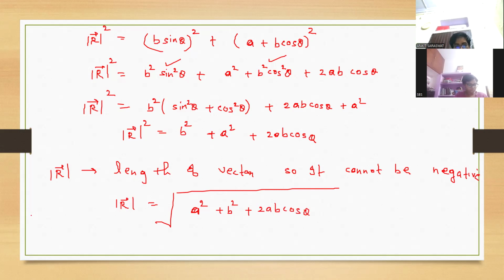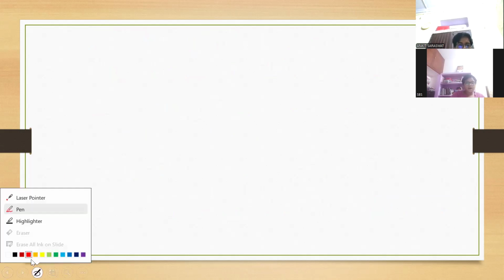And I will help you with what AB cos theta is. Actually A dot B is AB cos theta, I will explain later. So you can write one more way, under root A square plus B square plus 2 A dot B. Is it okay? So you got the mod R, and the very important thing, direction.